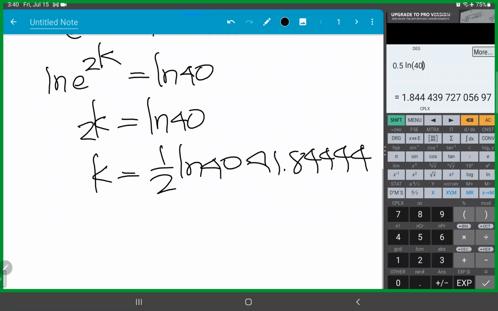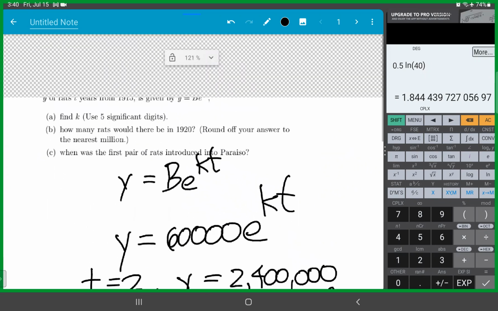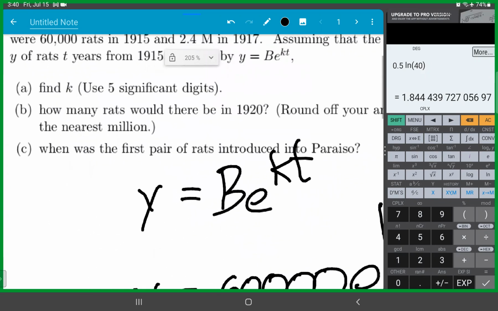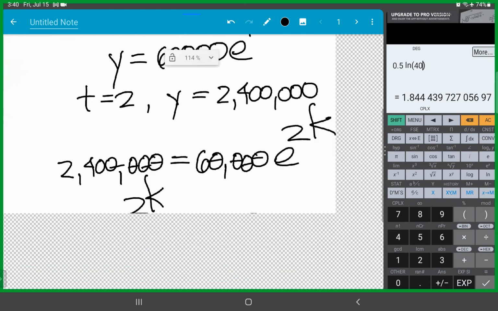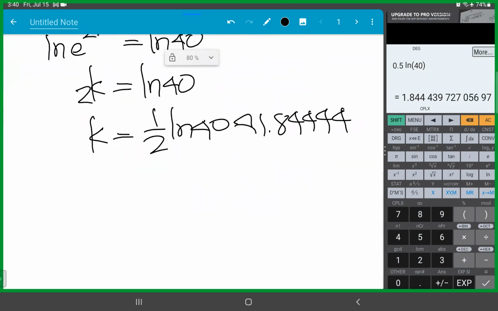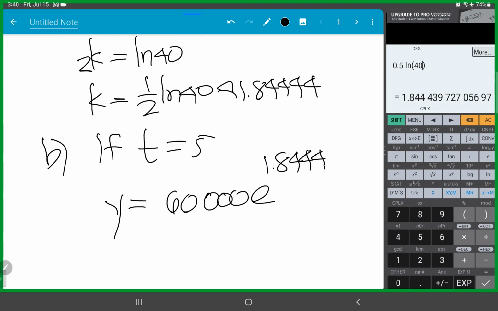Okay. And then we have to answer the other items in the problem. So we already found k. So next, how many will there be in 1920? Round off to the nearest million. 1920 is 5 years from 1915, right? So t equals 5 for letter B. So we now have y equals 60,000 e to the kt, where k is 1.84444.